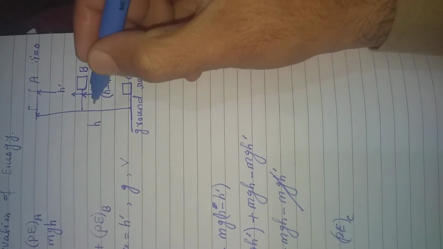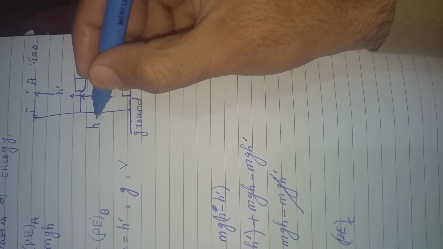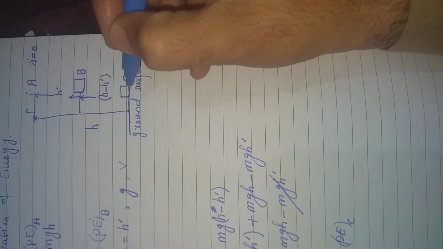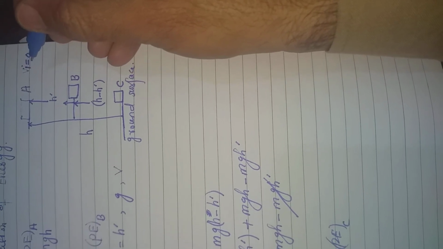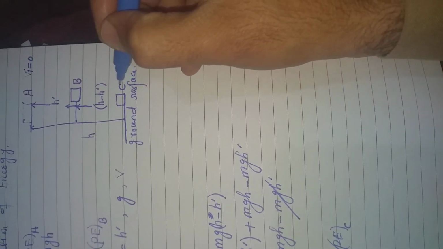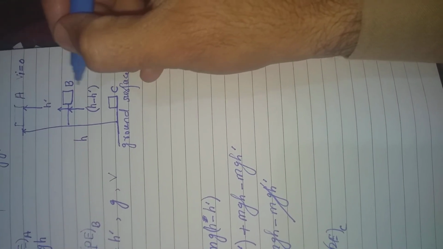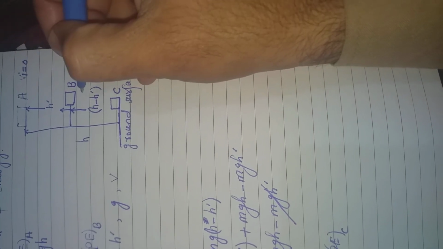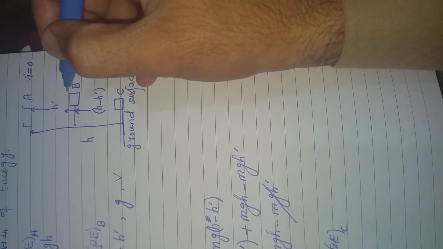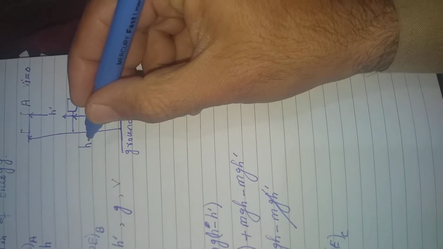Now we will consider that the object is moving directly from point A to point C, displacing by h, the height from point A to point B. At point A the initial velocity is 0, and at point C the final velocity will be V. With V velocity it moves from point A to point C and covers the distance h.